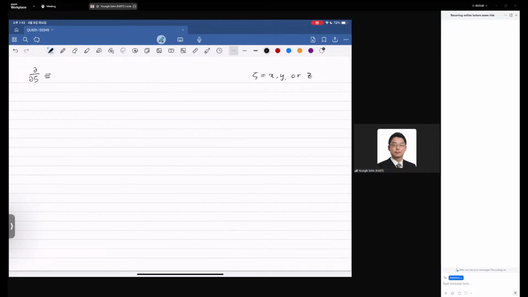All of x, y, z are functions of r, theta, phi, so this partial derivative you can always do as follows, with this rule.